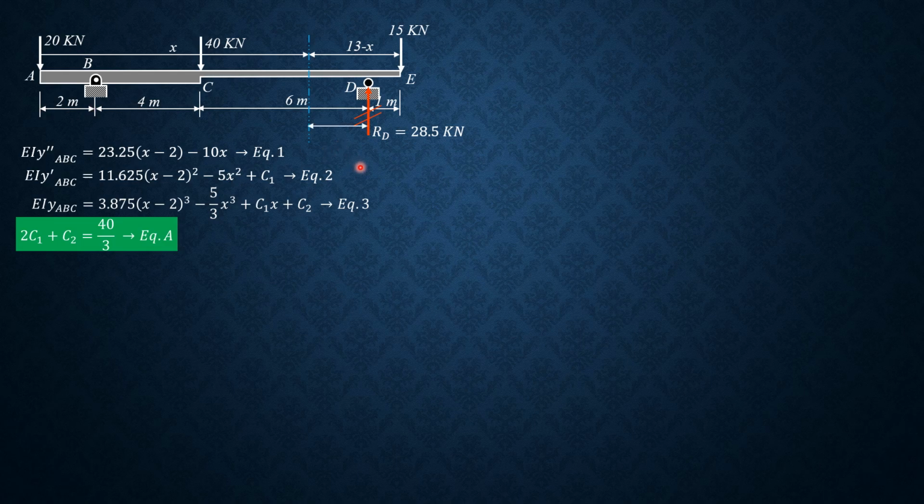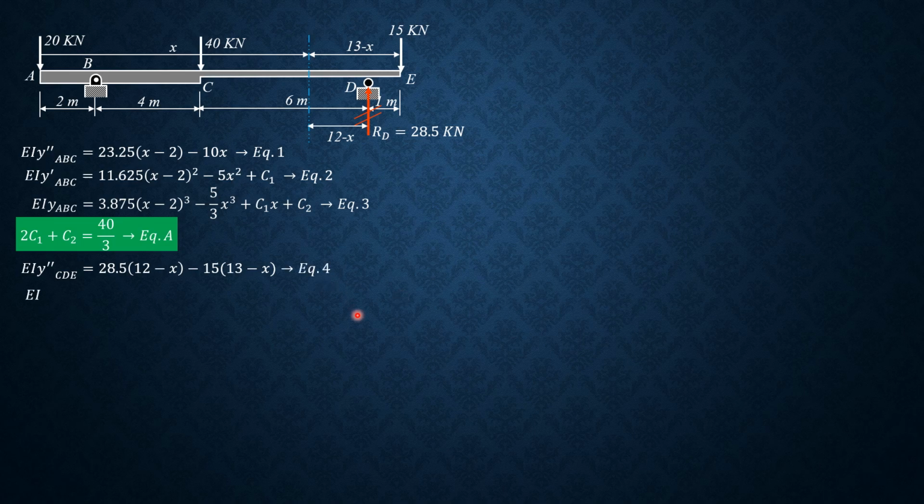So remember that moment is positive counterclockwise. So EI y double prime CDE equals 28.5 times quantity (12 minus x), then minus 15 times quantity (13 minus x). Then call that equation 4.